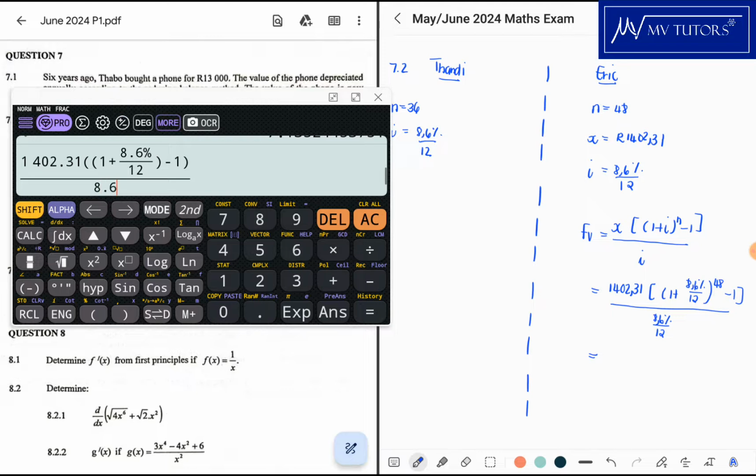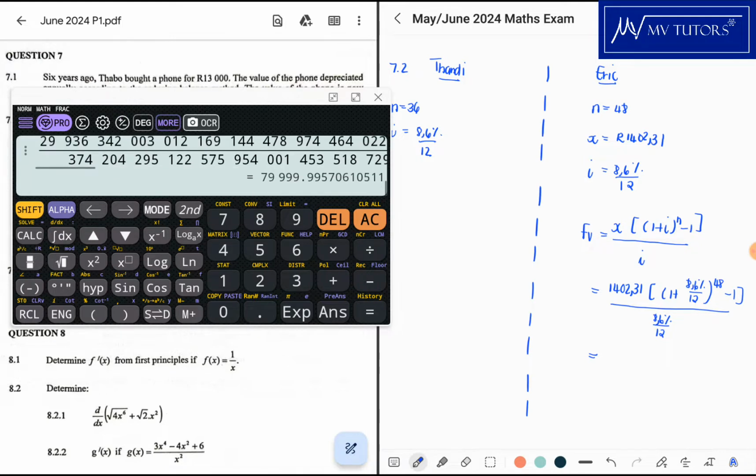Then we have 8.6% divided by 12. What did I do here? So we have that multiplied by 1 plus, to the power 48.